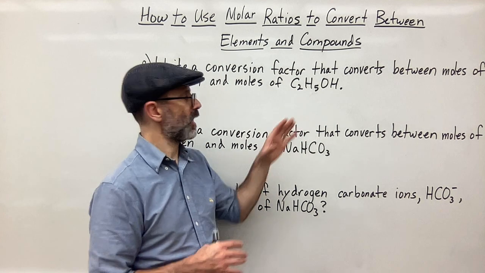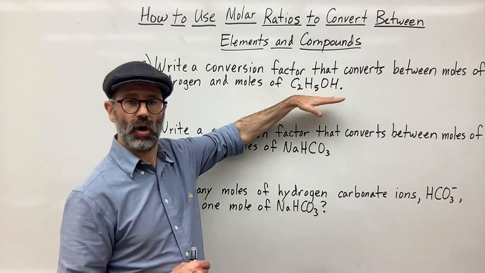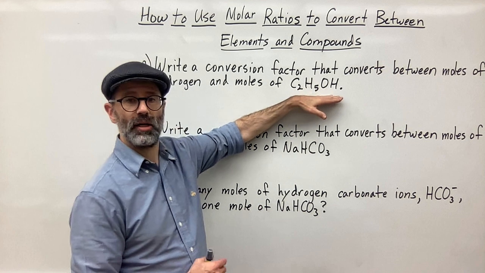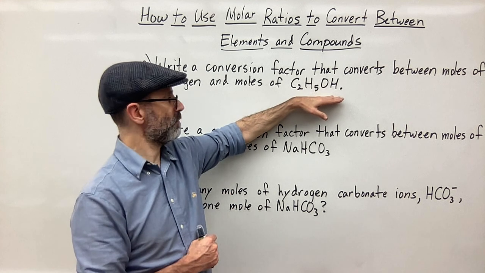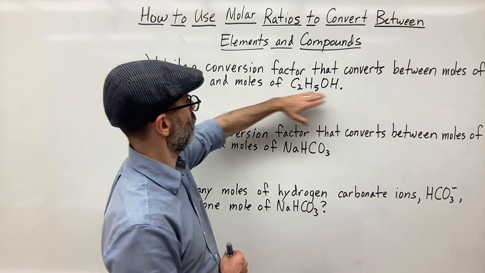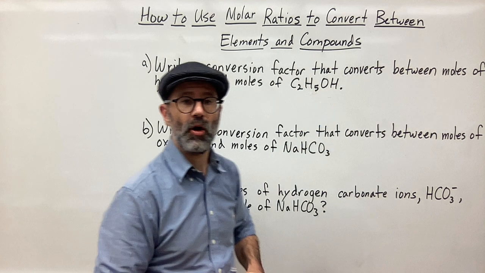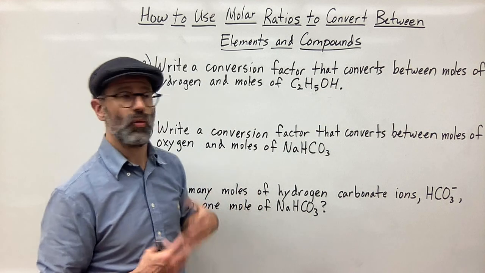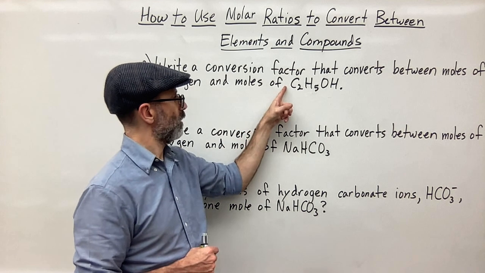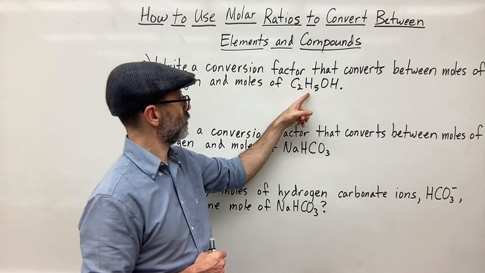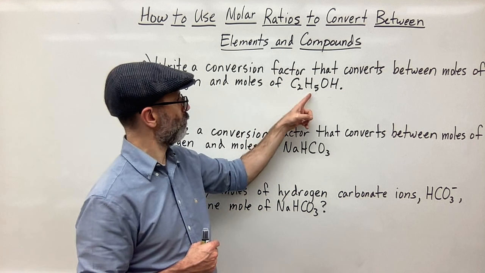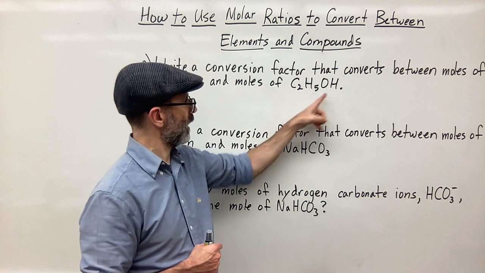So that is on a particle level, right? One molecule to 6 atoms. One molecule of ethanol gives us 6 atoms of hydrogen. Here they're asking for moles. What is the conversion factor that converts between moles? Well, it's the same ratio. Why? Because if I have 2 of these, then I have a total of 12 hydrogens, 10 of this and 2 of that.